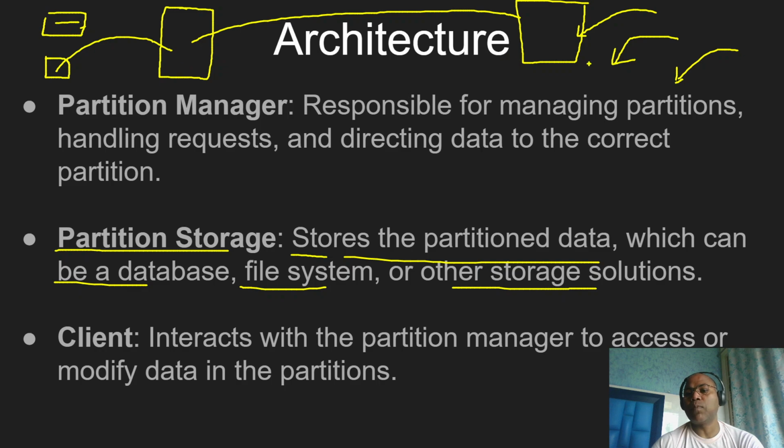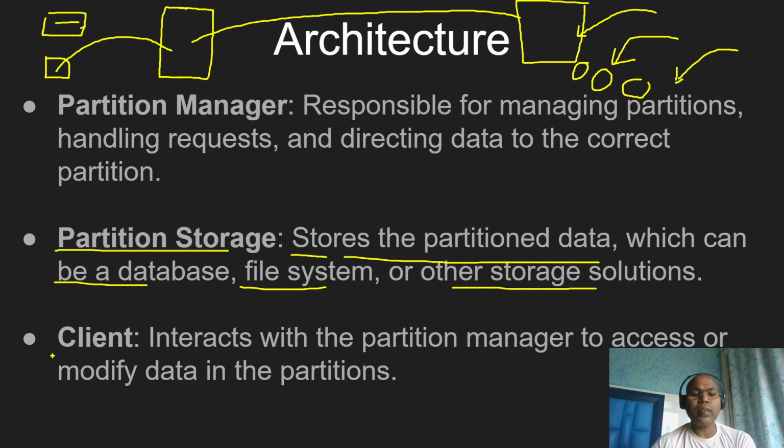Videos can be stored in a separate file system, separate directory, some separate block store. Depending on the nature of the data, our partition manager directs it to be stored in maybe a database, maybe a file system, maybe any other storage solution, whatever kind of data, like video data, audio data, image data, photographs, text-based data, code-based data. Nowadays, depending on the nature of data, we have to use the appropriate storage devices.